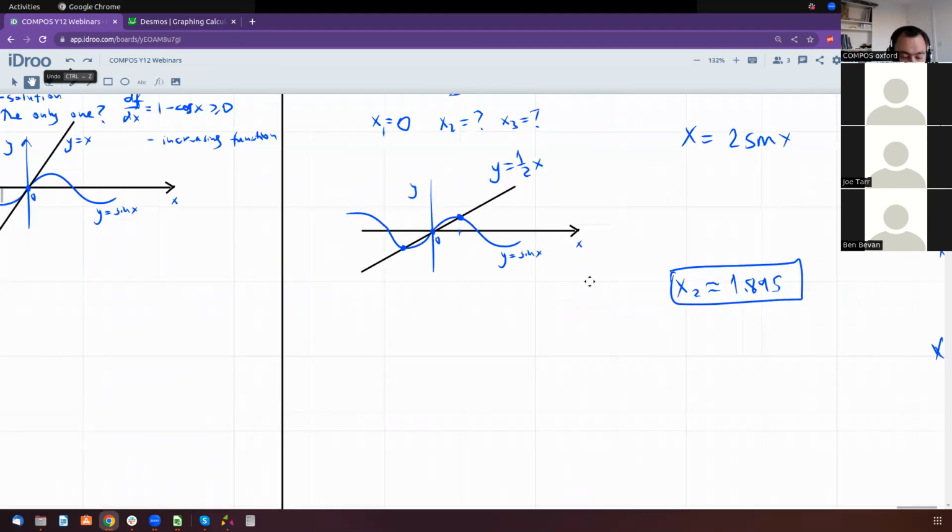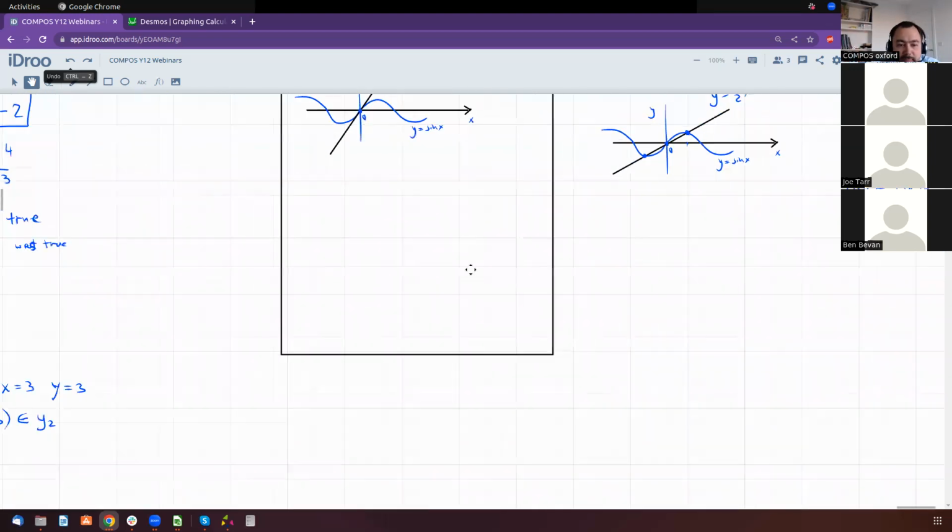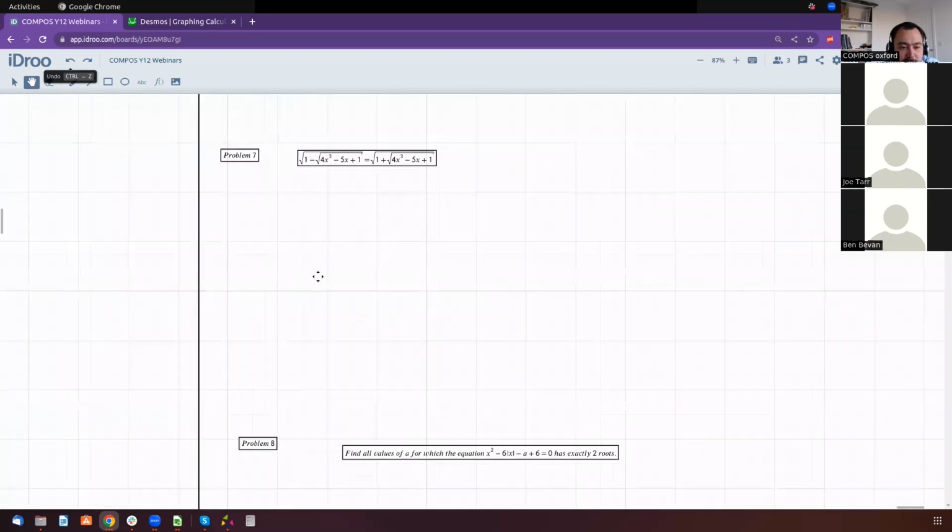If you start with 2, for example, 2 sine answer, you will end up with the same number. So you know that there must be a root, and you find it. It was just a guess.